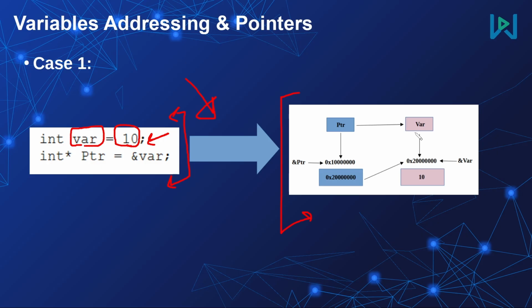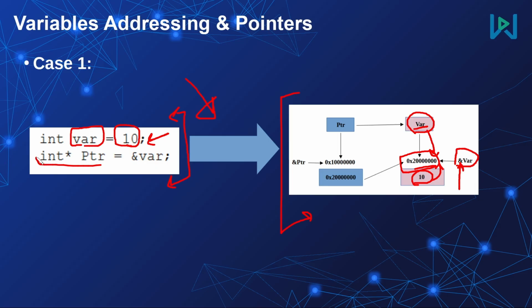At hardware level, this variable will in reality be assigned a memory location. This will be the address of our variable, and by the way, to obtain the address of our variable, we can use this syntax. And this value 10 will be stored within this address.